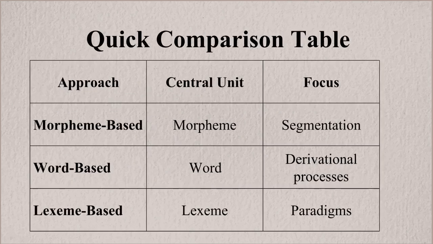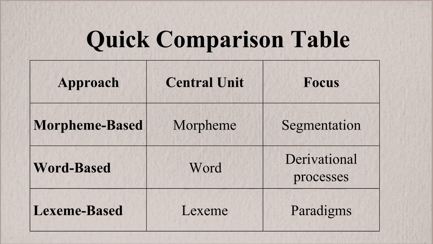This table gives a quick comparison of the three morphological approaches. Morpheme-based morphology treats the morpheme as the smallest meaningful unit of language. Its primary focus is the segmentation of words into smaller meaningful parts. Word-based morphology considers the word as the central unit of analysis.